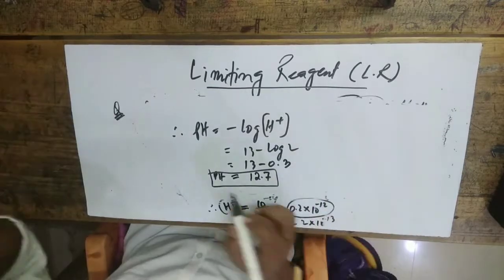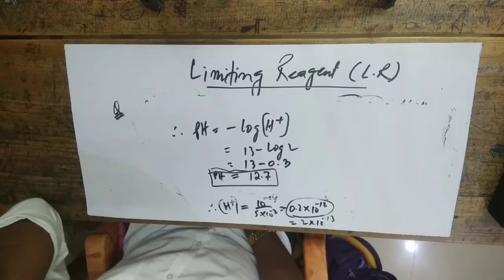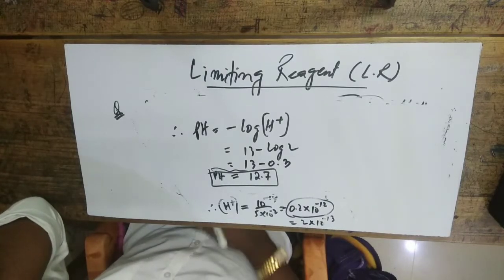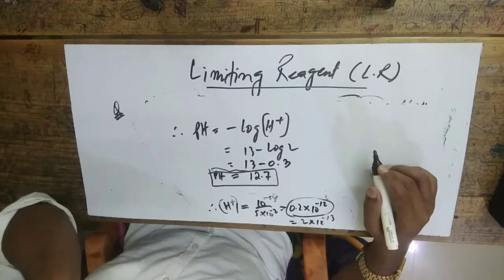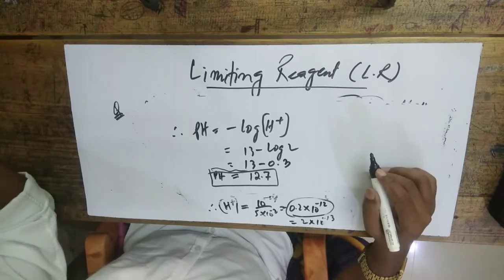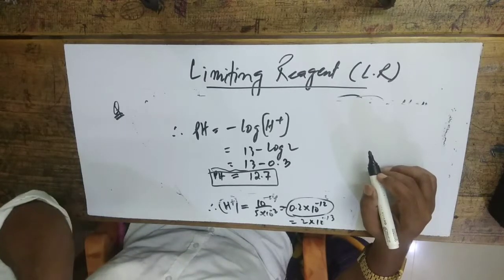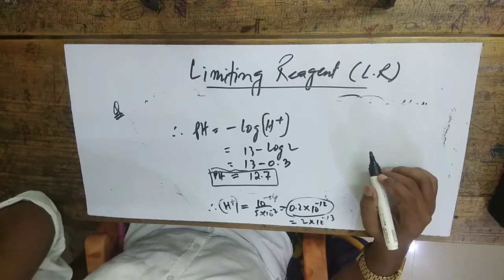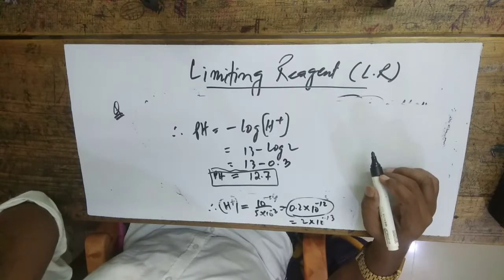Now here in this case, the amount of HCl required to react with 50 ml of 0.2 molar NaOH is the same volume, that is 50 ml of HCl, and the molarity has to be 0.2, but only 0.1 is there.